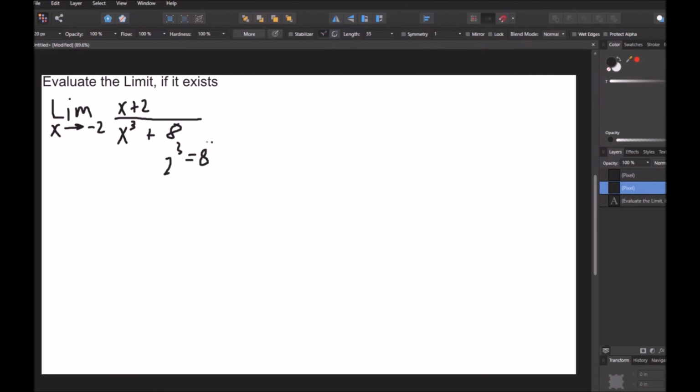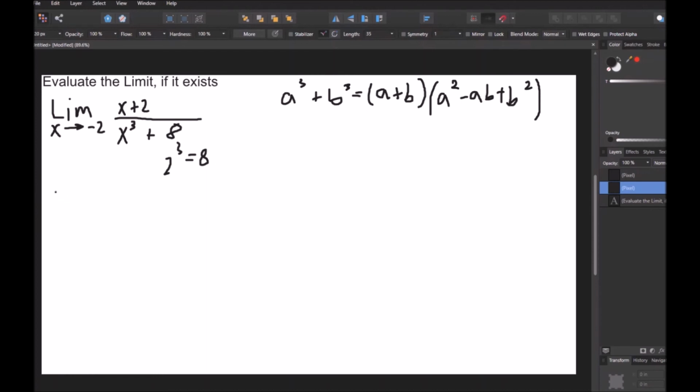Once you see that, you'll realize that this denominator is a sum of perfect cubes. And we know that to factor the sum of perfect cubes, if we have a cubed plus b cubed, which this is essentially x cubed plus 2 cubed, that's going to be equal to a plus b times a squared minus ab plus b squared.